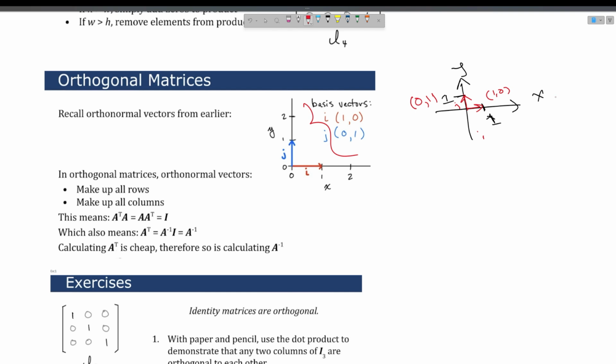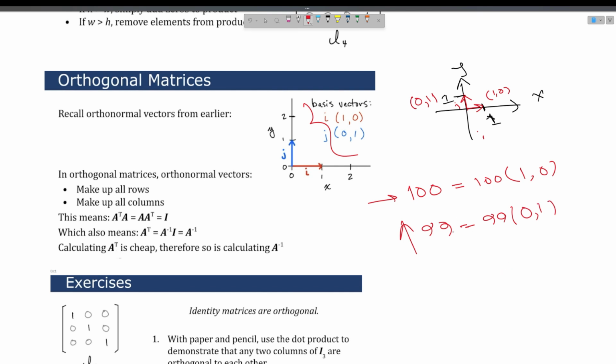For example, 100 in the x-axis, you can easily represent it by 100 times 1, 0, obviously by multiplication. And in the y-axis, maybe 99, it can be represented by 99 times 0, 1, right?